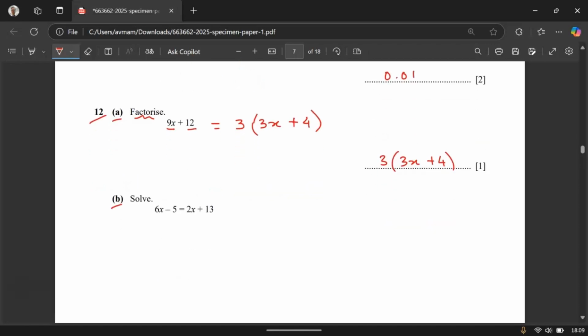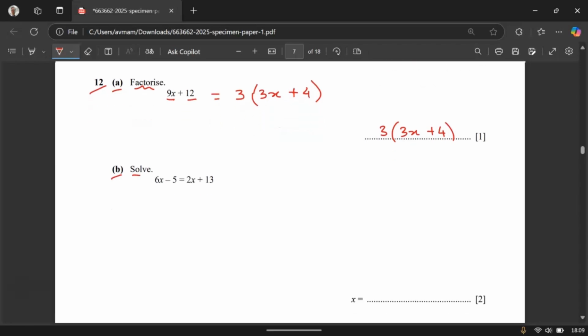Question 12b says solve the equation 6x minus 5 is equal to 2x plus 13. You need to change the sides and need to change the signs. So 2x will change to minus 2x.